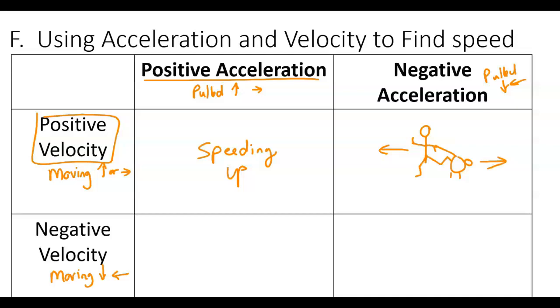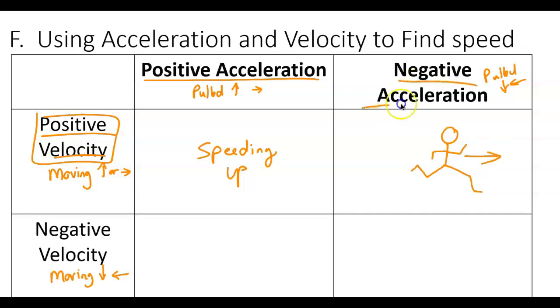If he's trying to go to the left, oh, you know what? I'm putting this picture in the wrong spot. I'm sorry. Let me back up a little bit. My bad. We want to have the guy have a positive velocity. Okay, so let's say he has a positive velocity. So that would mean that he's actually still going to the right. So he's still going to the right because he has a positive velocity.